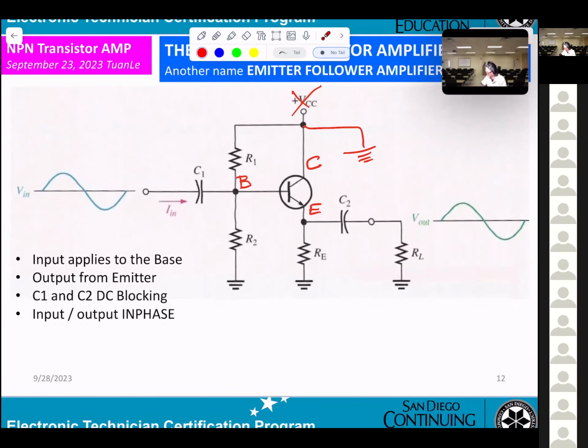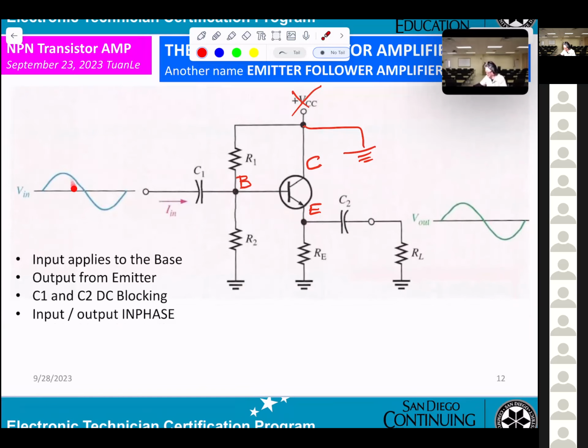Now, you're looking at this circuitry. First thing, for common collector, the input is applied to the base. However, the output is from the emitter.